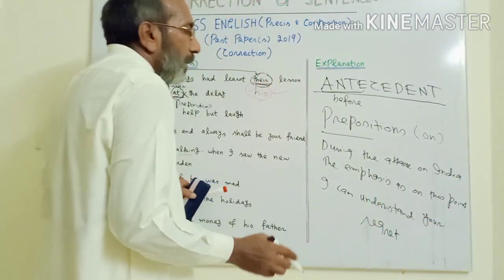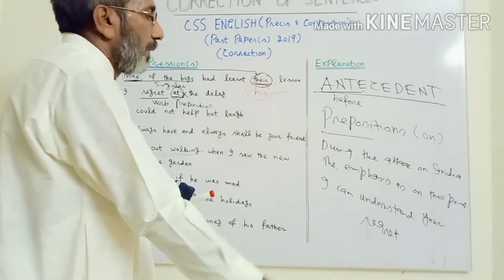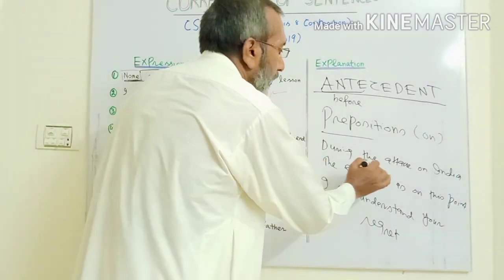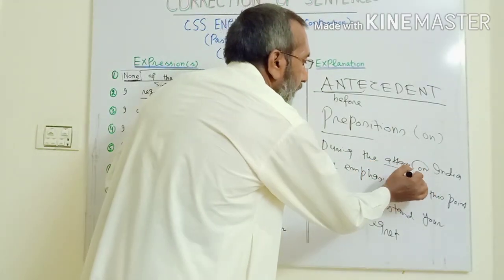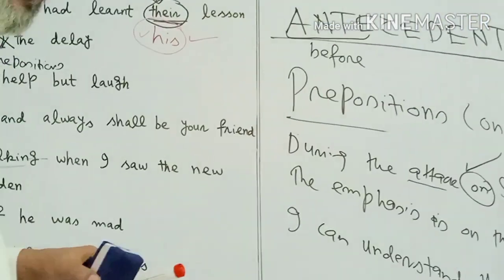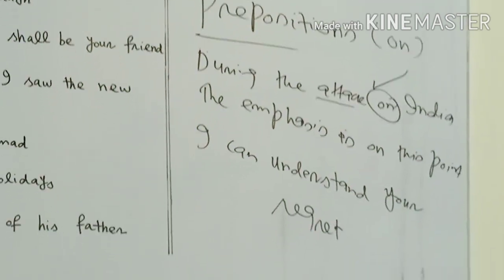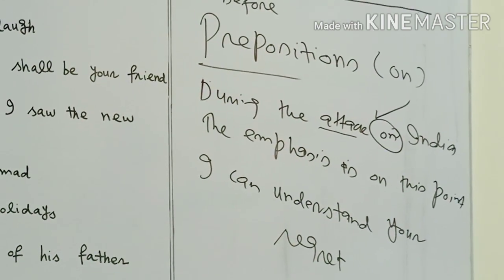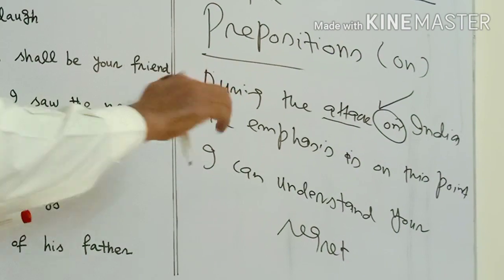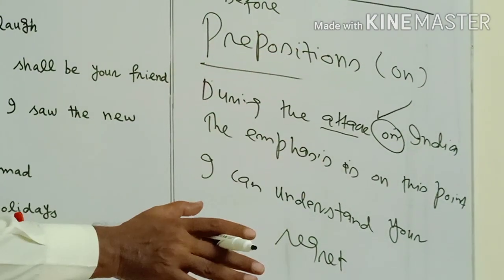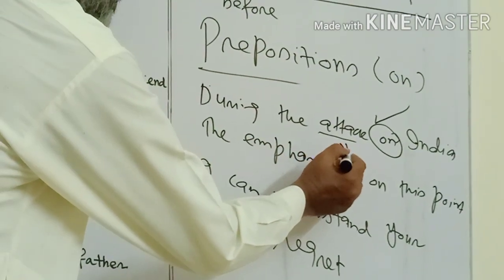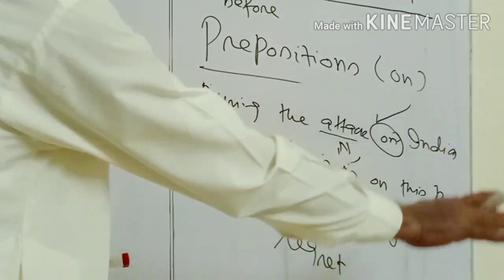In these three examples, if you think for a while, during the attack on India, attack and on, the preposition is fine. The reason behind this is that the word attack is not being used as a verb, it's being used as a noun. After nouns we do use prepositions.